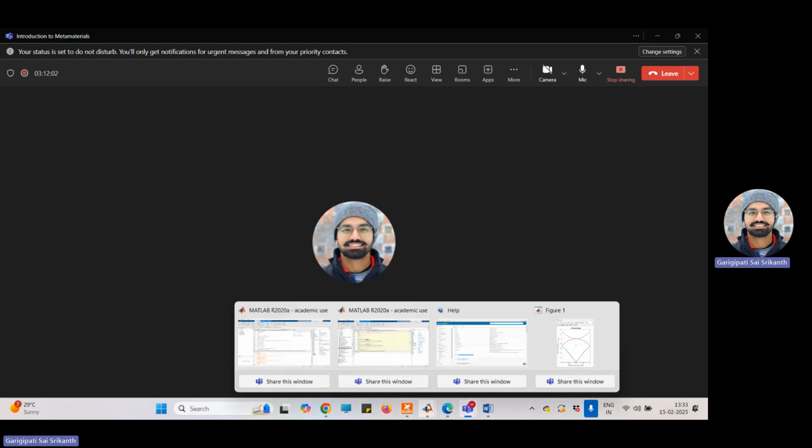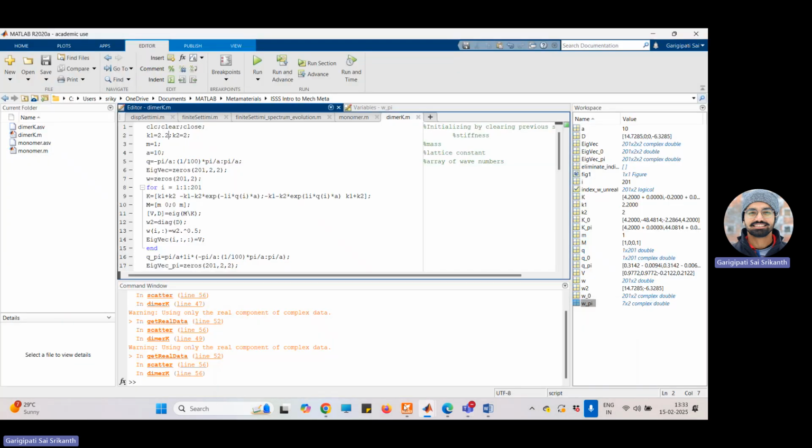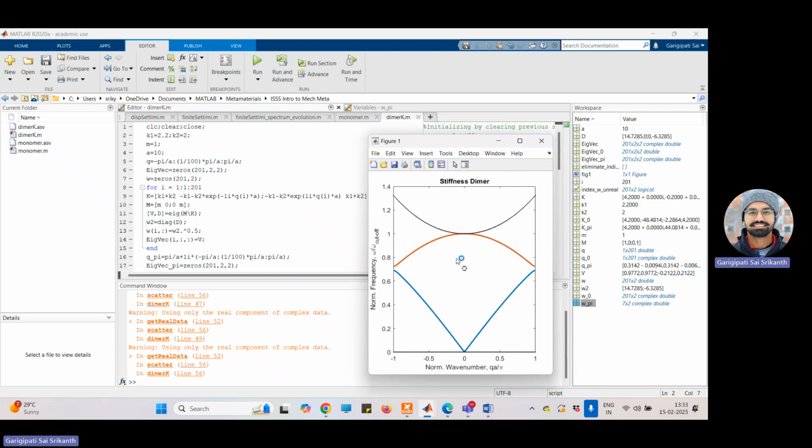So in the next one, we've covered the stiffness dimer, and then I think we can just show the mass dimer. The mass dimer will be fairly simple. We can use the same code and slightly modify it. I think the next interesting one would be the local resonator based system. There we'll see a different type of band gap.